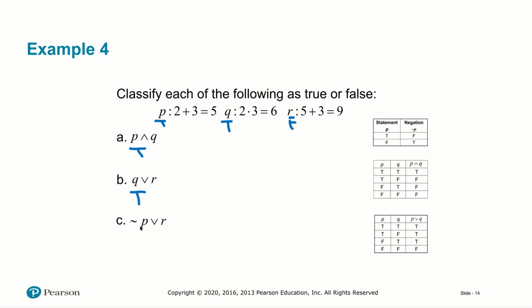How about not P or R? That's a disjunction. So not P. Now we know that P is true, right? So what is not P going to be? That's going to be false. Now we know that R is also false.